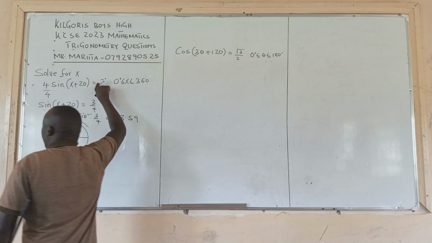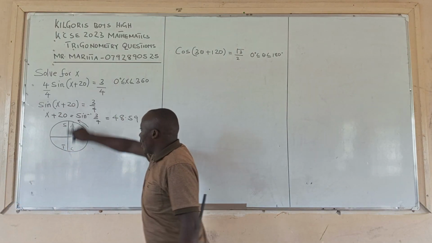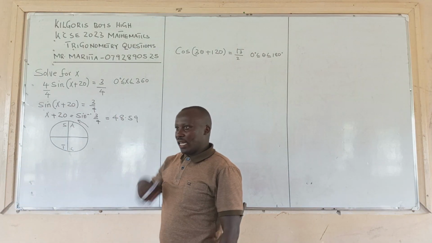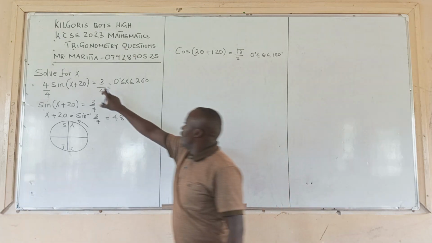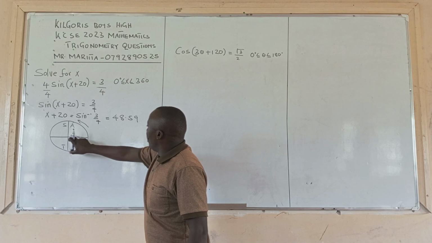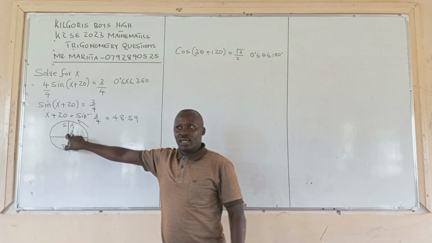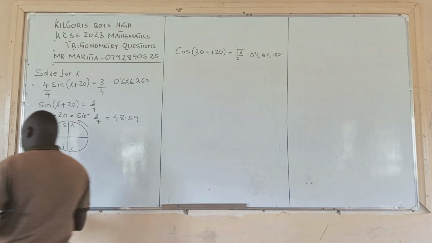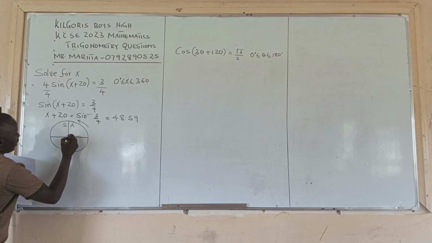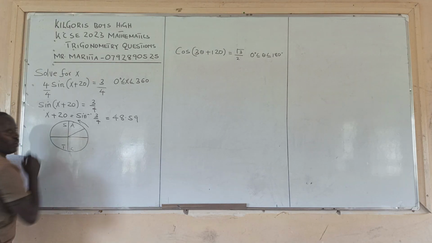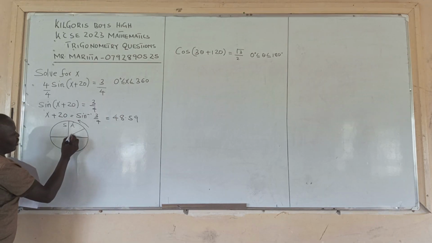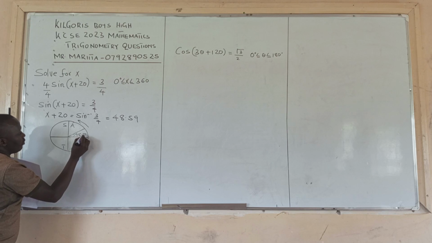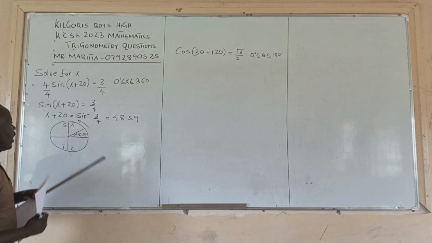So the sine is positive here. Which quadrant does it allow? Can it allow the first, second, third, or the fourth? In the first quadrant all of them are positive, so we can have a positive sine there, with the acute angle in the first quadrant as 48.59.